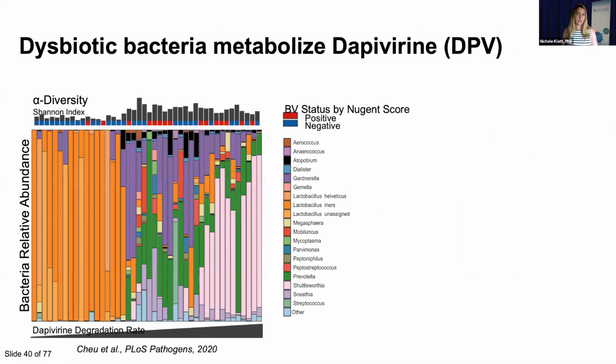When we look at dapivirine, again, this is important because these dapivirine rings are sitting in the vagina, constantly exposed to these bacteria. Again, we see the same thing from left to right: very little degradation if there's Lactobacillus, and the degradation increases with the microbial diversity. You can point out there's clearly some association here with Shuttleworthia, which I should mention might be a misclassification.